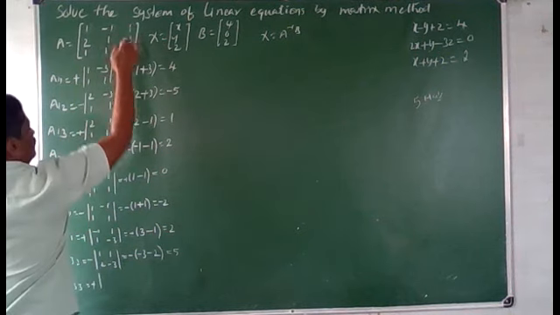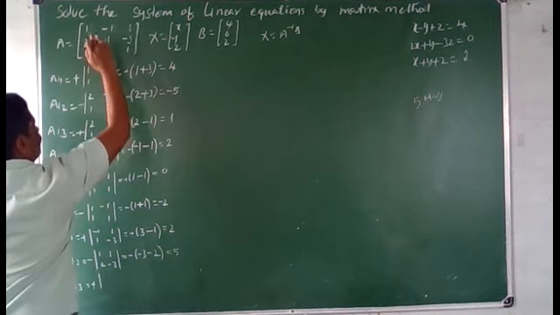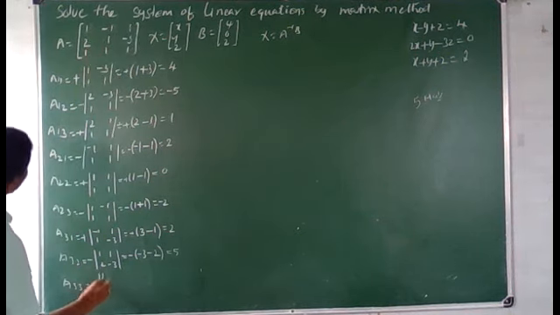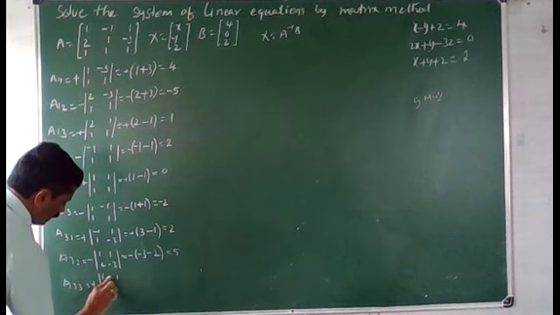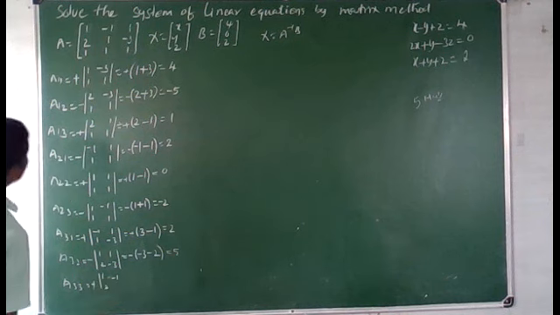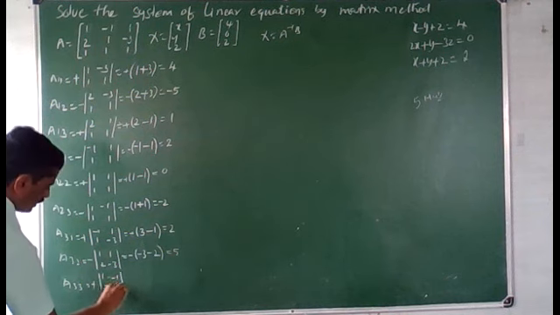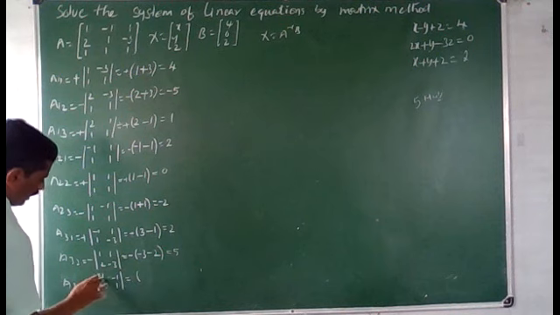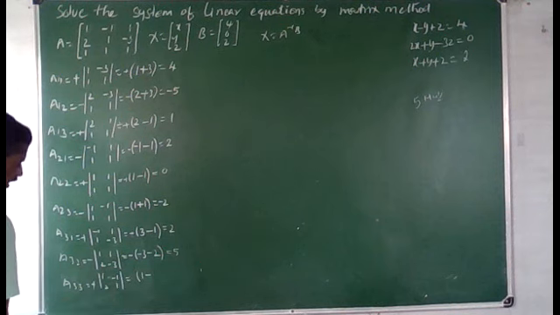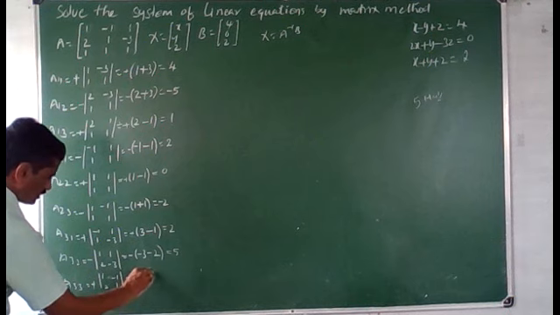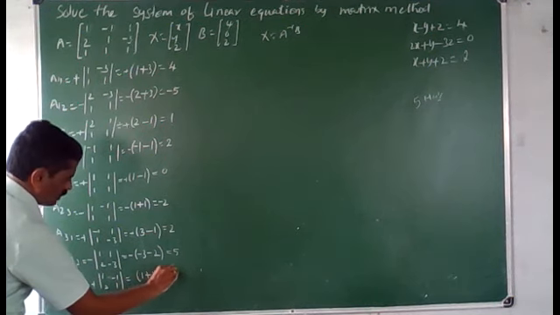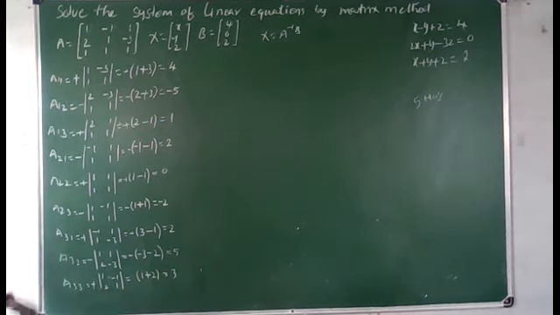So the cofactor of 1, leaving this column and row, we have 1, minus 1, 2, 1. Again that is equal to 1 into 1, 1, minus 2 into minus 1, minus 2, minus of minus, plus 2, it is equal to 3. Now we got the cofactors.